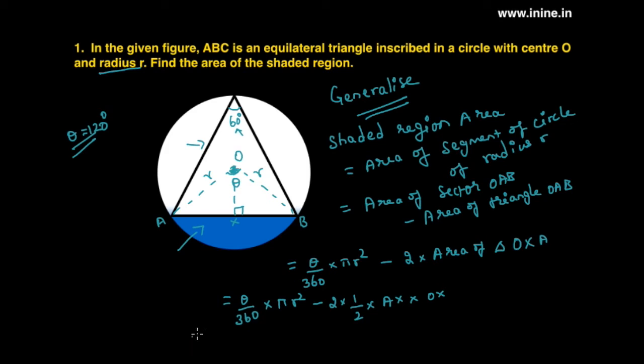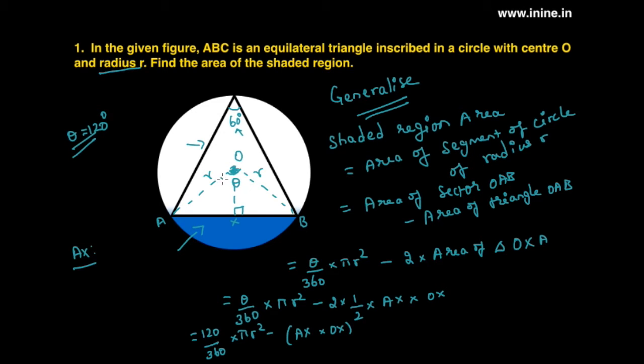So applying this, we'll get 120 by 360 into pi r square minus AX into OX. Now let us find AX. Consider triangle OAX.